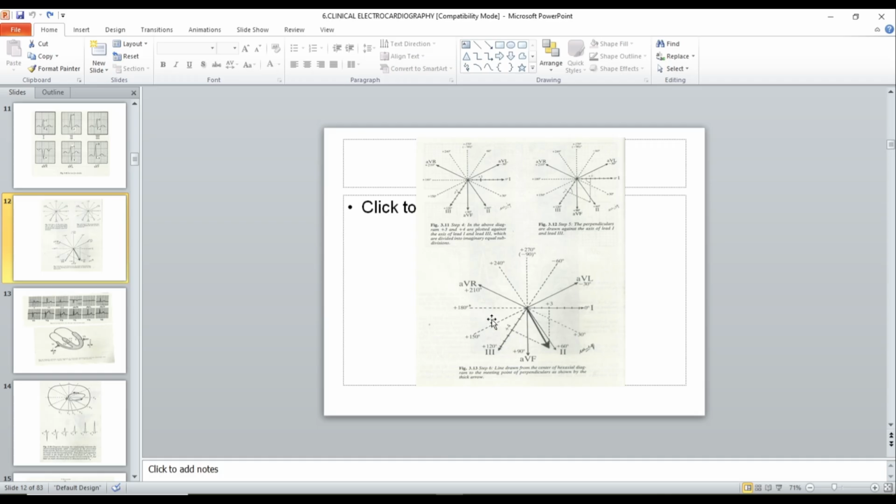Then perpendiculars are drawn from lead 3 and lead 1, and the point where the perpendiculars meet is connected to the center of the hexagram. This is the exact axis of the heart, which is nearly 60 degrees.